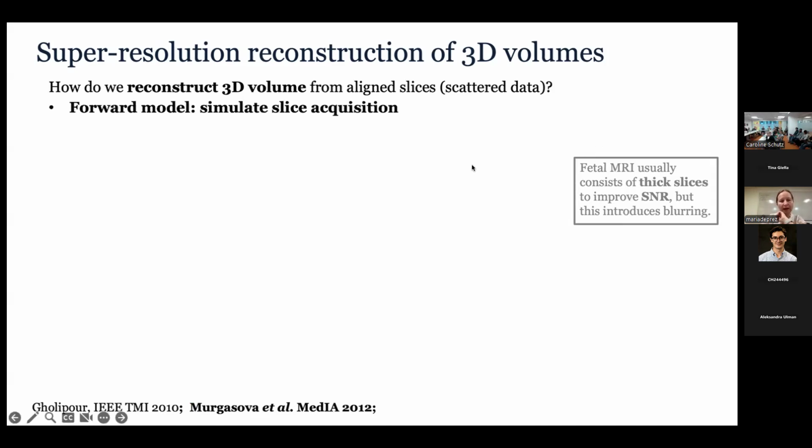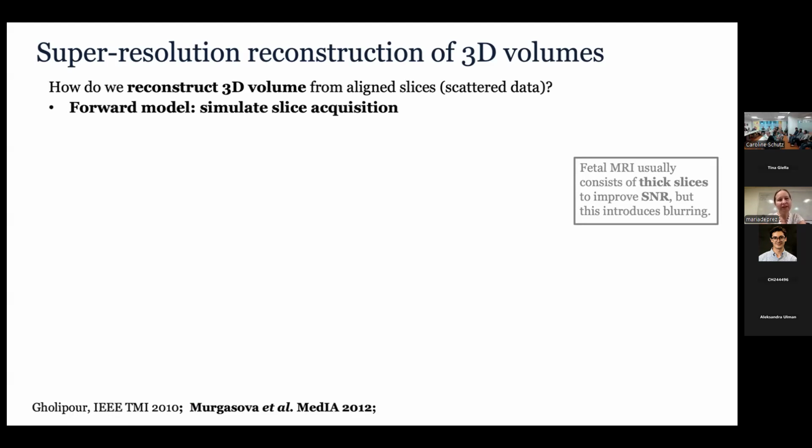But then actually it's Ali Gholipour, who's been here until recently. He came up with this idea to use super resolution. So he is the original mind behind the super resolution that we all do ever since. It was in 2010.